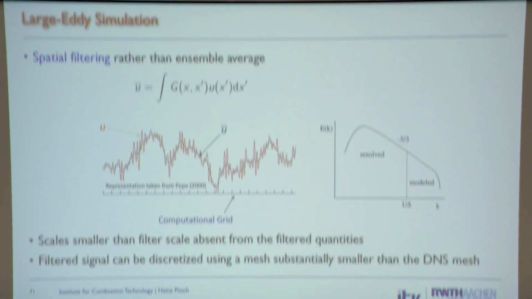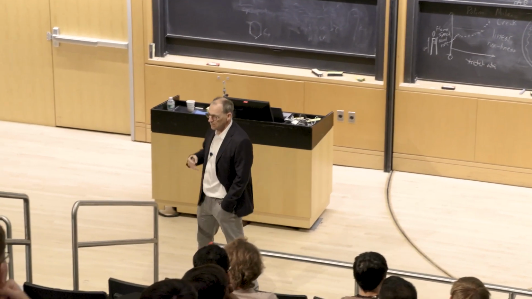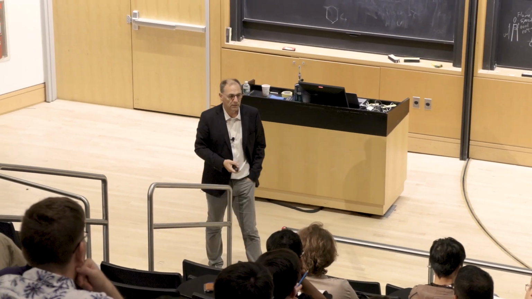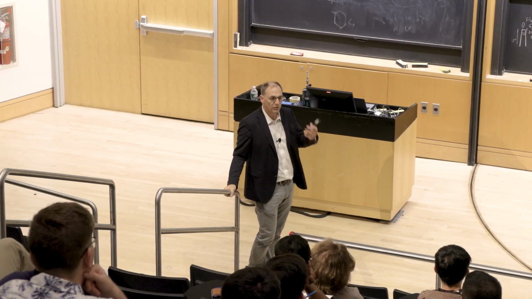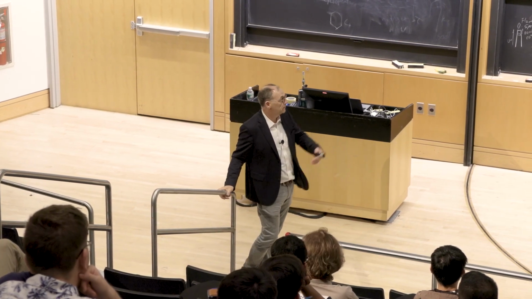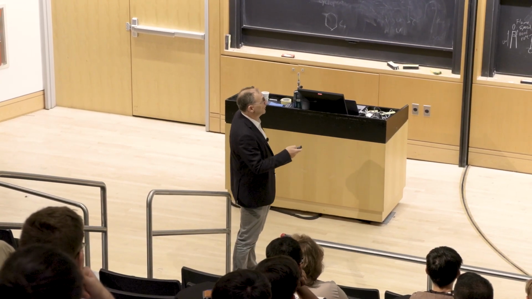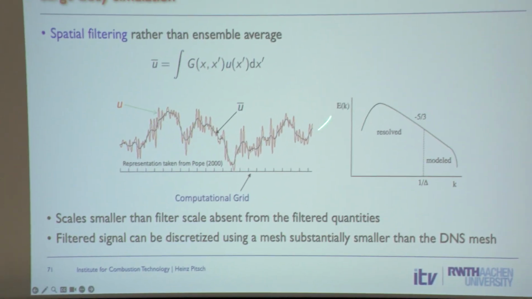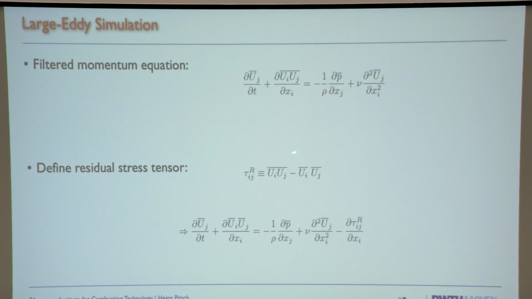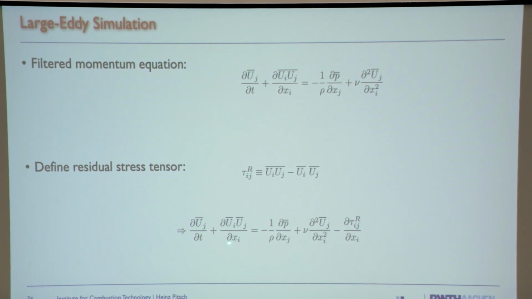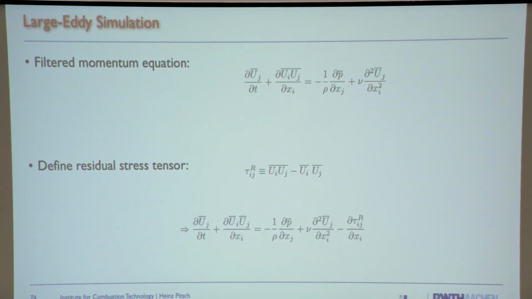But it turns out that the parameters we use to describe mixing, for example the dissipation rate, are determined on the large scale, and they are much more accurately predicted in LES than in RANS. So it is actually much more accurate. So that's the equation, and then here we have this residual stress tensor.